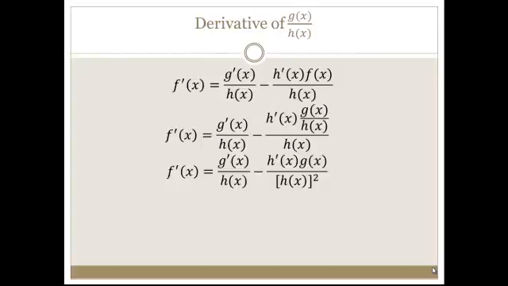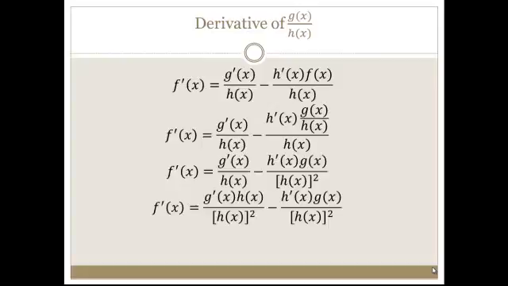But now that we don't have a compound fraction, we're left with two fractions with different denominators. To resolve this, we'll multiply the top and bottom of the left-hand fraction by h of x to get g prime of x times h of x up top and h of x squared down bottom.